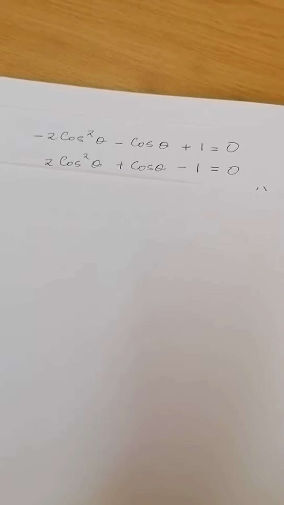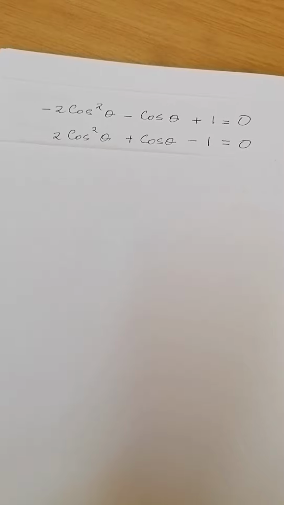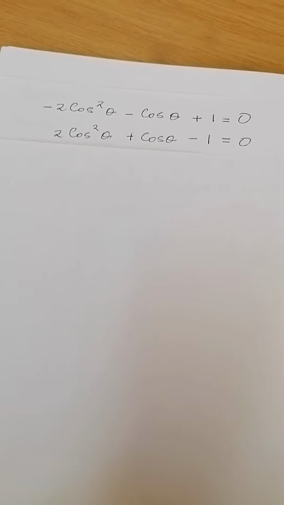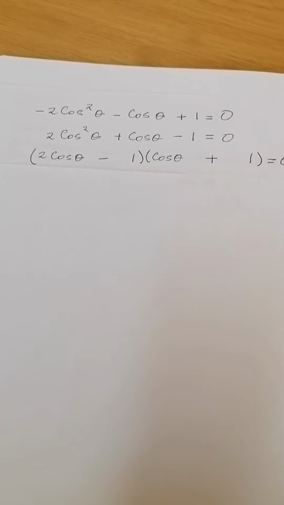Therefore, we need to factorize. But before that, if you want to, you can divide throughout by -1. I said if you want to. You divide throughout by -1, it becomes 2 cos squared theta plus cos theta minus 1, which is equals to 0. Therefore, factorize.